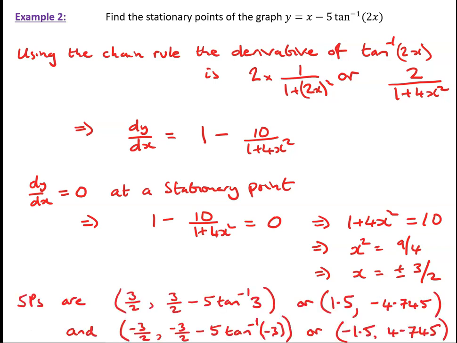So we've got our stationary points are 3 over 2, minus 5 tan to the minus 1 of 3, or minus 3 upon 2, minus 3 upon 2, take away tan to the minus 1 of minus 3. Or approximately the stationary points are 1.5, minus 4.745, or minus 1.5, 4.745.